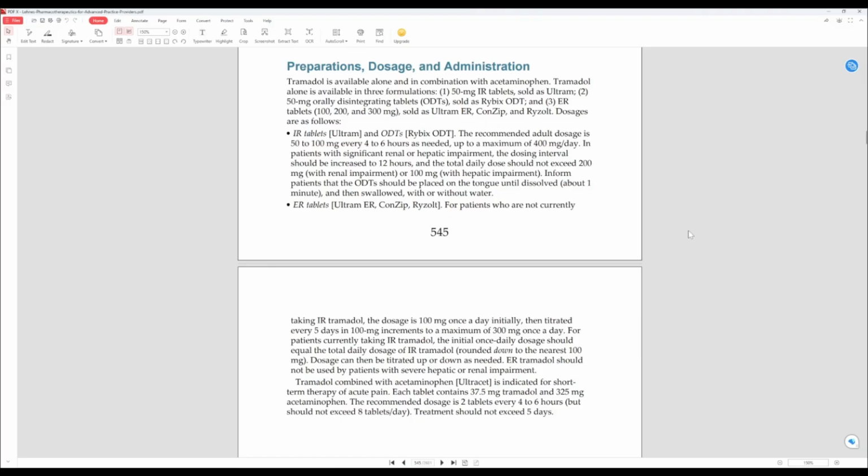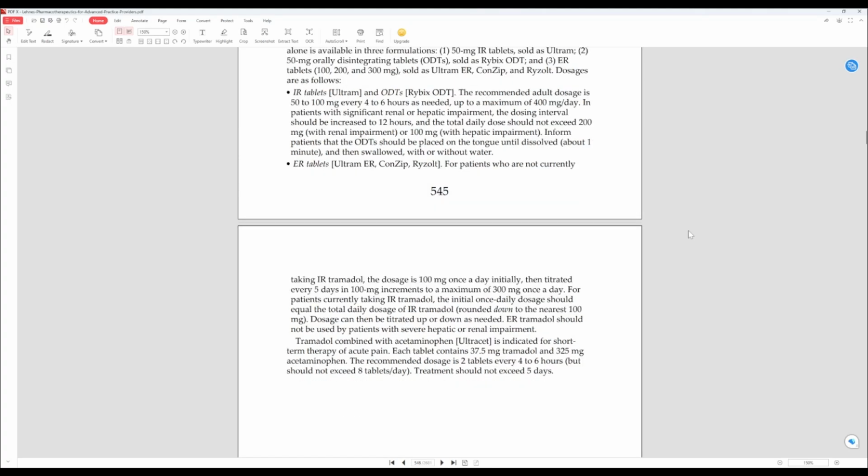Again, for patients who are currently taking IR tramadol, the dosage is 100 milligrams once a day initially, then titrated every 5 days in 100 milligram increments to a maximum of 300 milligrams. Dosage can be titrated up or down as needed.